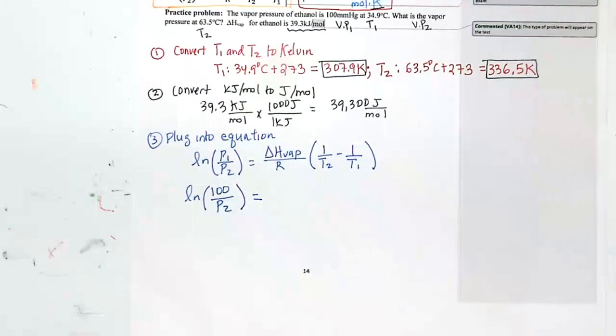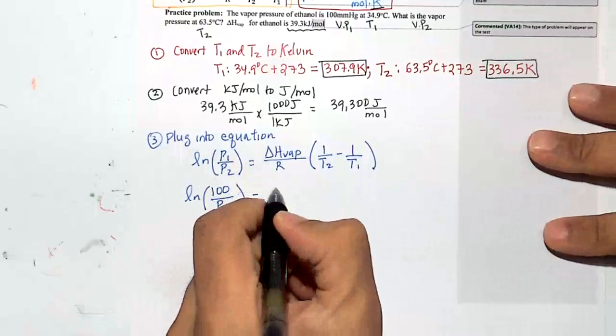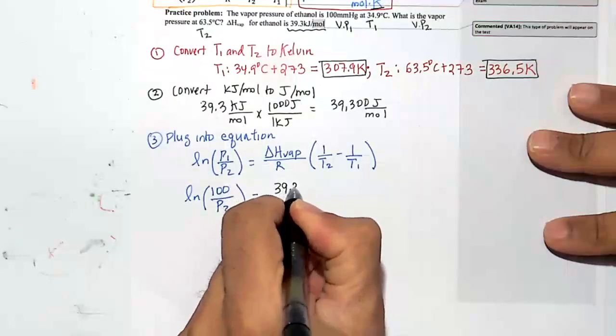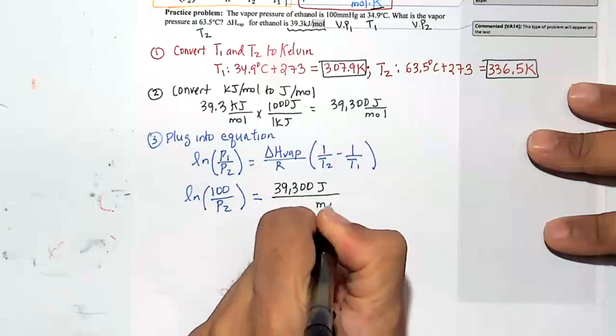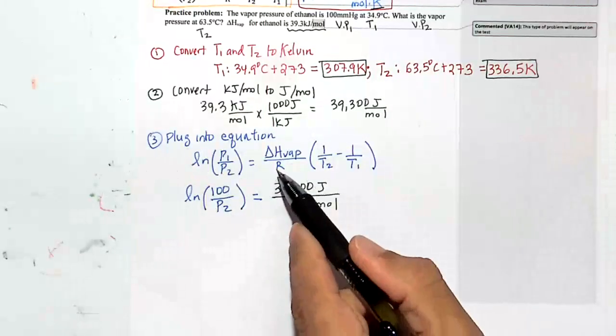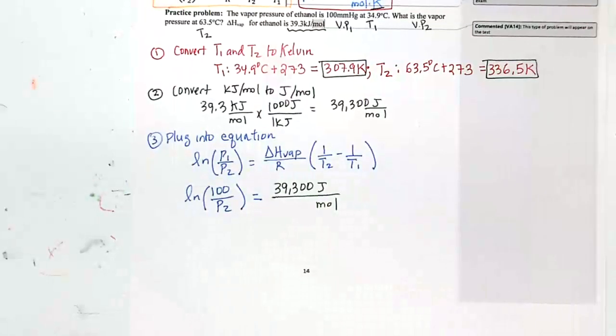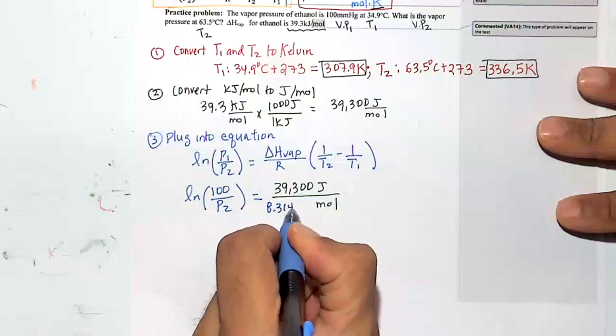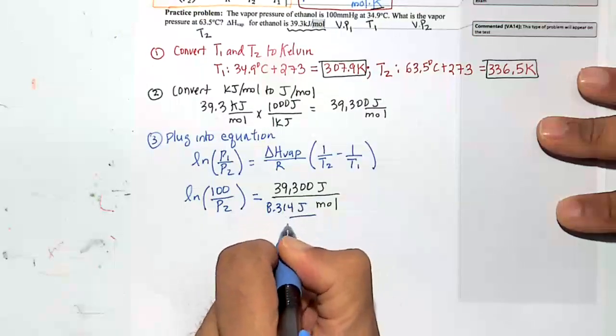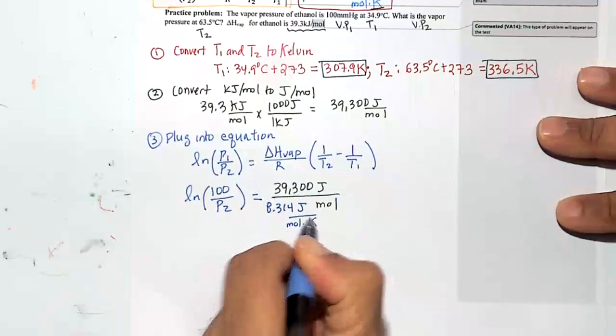Divided by P2. What is delta H vaporization? It's 39,300 joules over mole. What is R? I'll give you R: 8.314 joules over mole Kelvin.